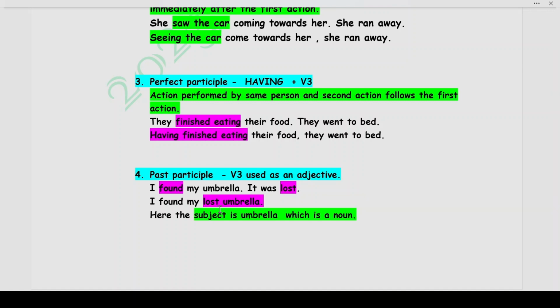What does an adjective do? It describes a noun. What is the noun over here? Umbrella. So the word lost is being used as a participle form of adjective to describe your umbrella, which is the noun or your subject. So the other subject is umbrella, which is a noun.